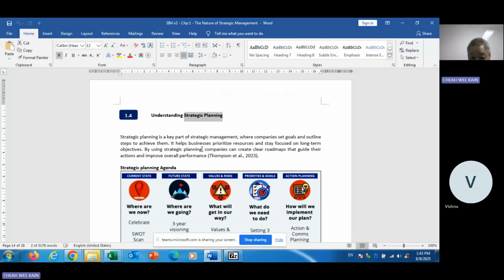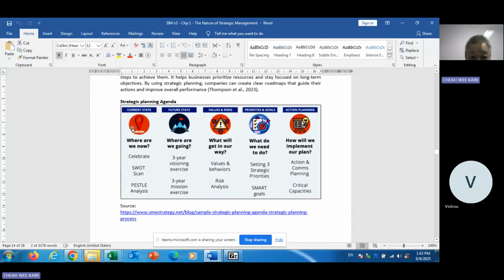Okay, and in strategic planning, we have a simple agenda. You can see from here, the agenda: you start with understanding the current state. Where are we now?